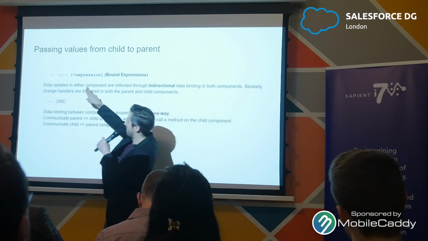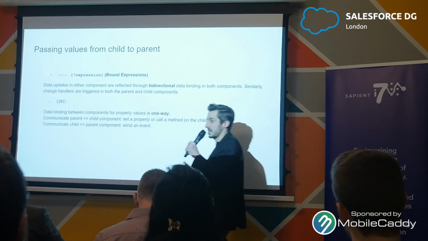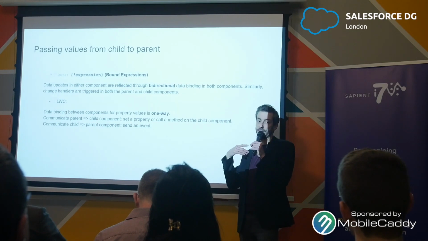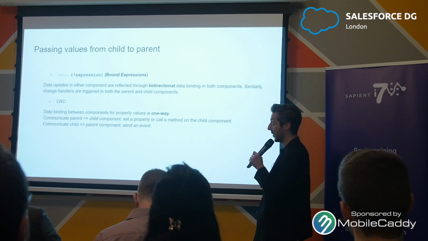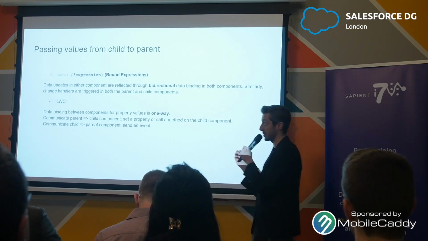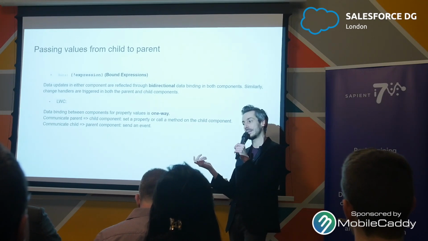So we're talking about bound expressions here, and as I mentioned before, using this sort of expression, you pass a value from a parent to a child by just passing it as an attribute. But a very important concept to understand: if the child changes the attribute, then the parent will directly have access to that.